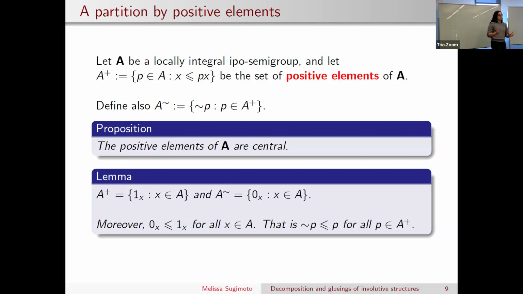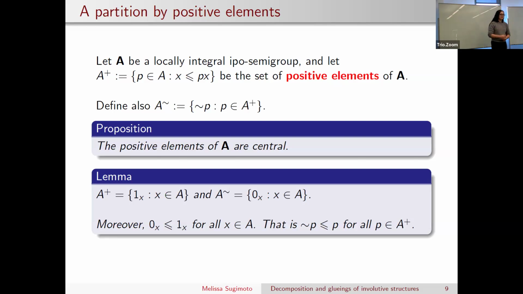And these positive elements are particularly nice because, for one thing, they're all central. We love central things. And second off, if we look at what the set of positive elements of a locally integral ipo-semigroup is, the positive elements turn out to be exactly and only the local identities. So every local identity is positive and nothing else is.